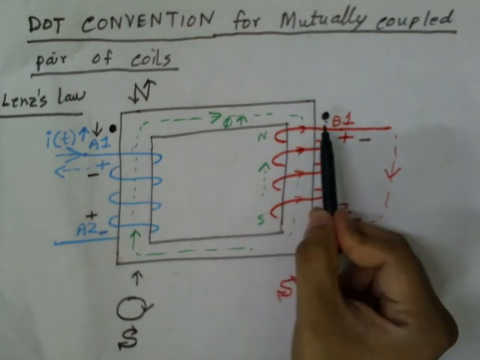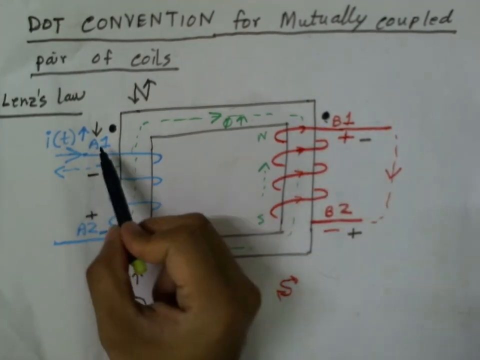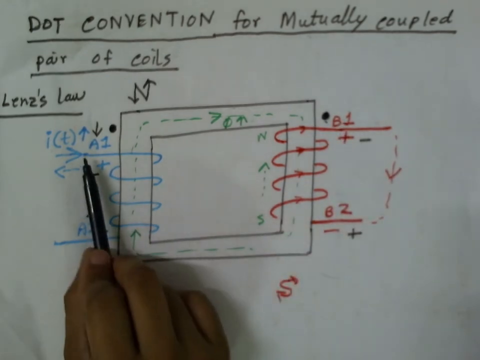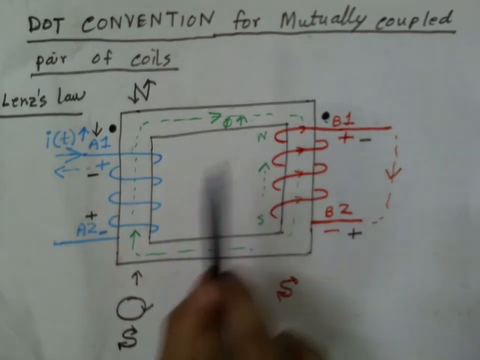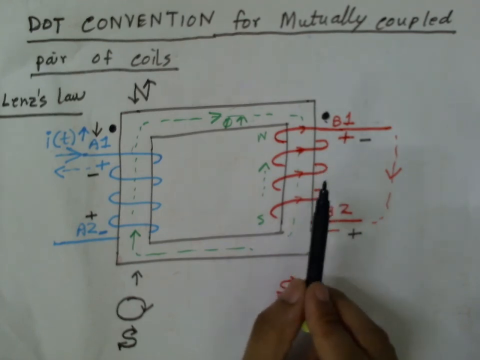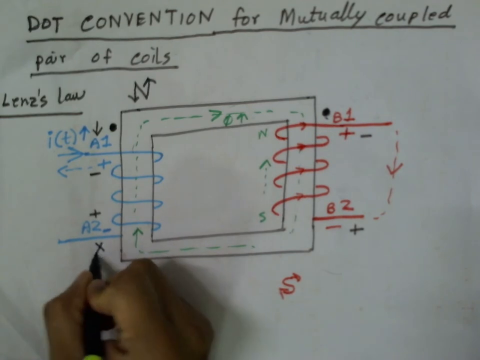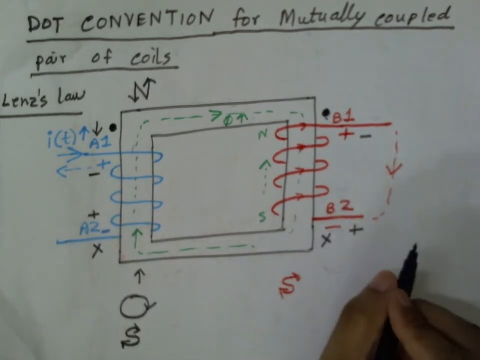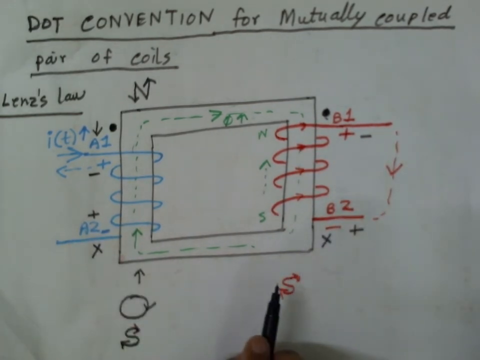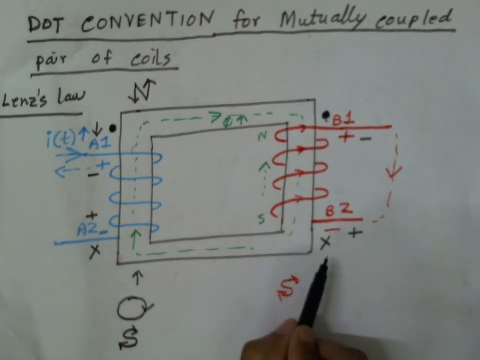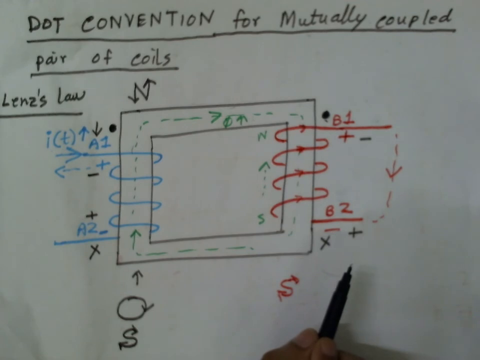So this same symbol along A1 and B1 indicates that the polarities of A1 and B1 are always alike. Similarly, we can indicate A2 and B2 with a different symbol like a cross, to convey that A2 and B2 always have the same polarity.